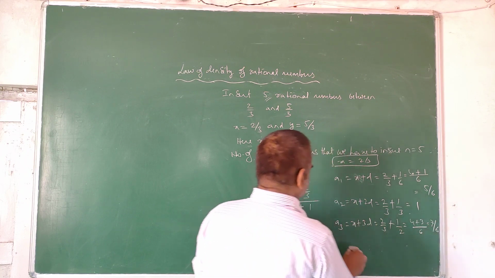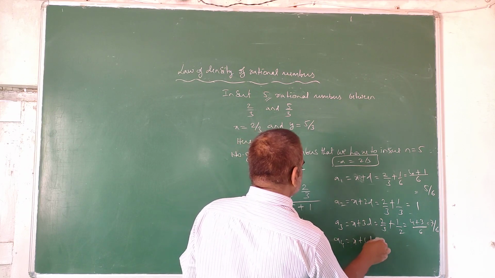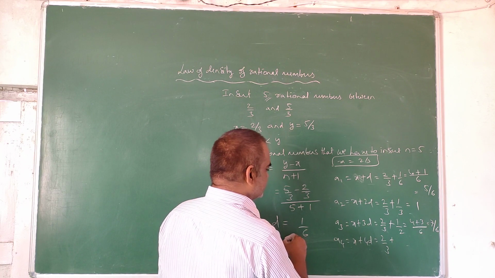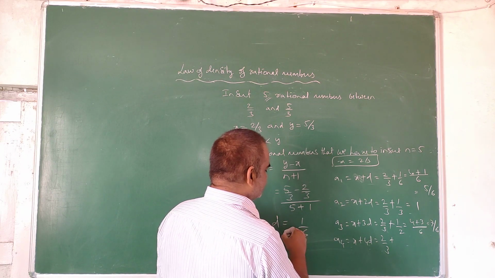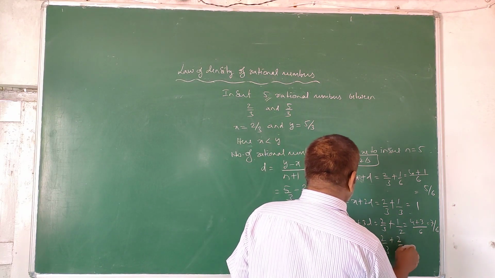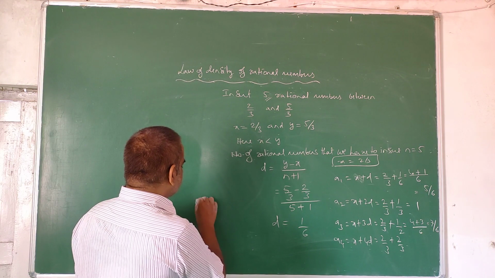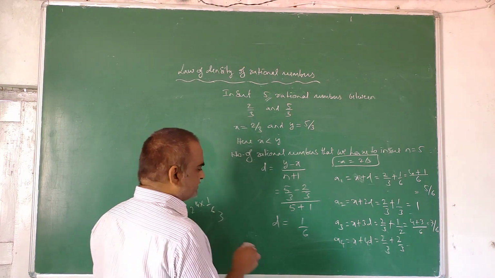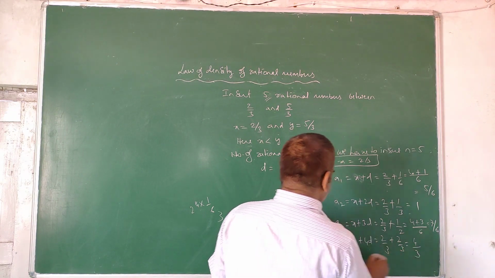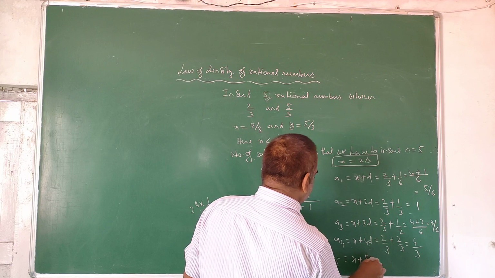So if you take LCM 6, 3 2s are 6, 2 2s are 4 plus 2 3s, so it is 7/6. So now a4, so x plus 4d. So 2/3 plus 4 into 1/6. 4 into 1/6 means 2 2s are 4, 2 3s are 6, 2/3. Are you following? So 2/3 plus 2/3, it is 4/3. And at last a5, so x plus 5d.